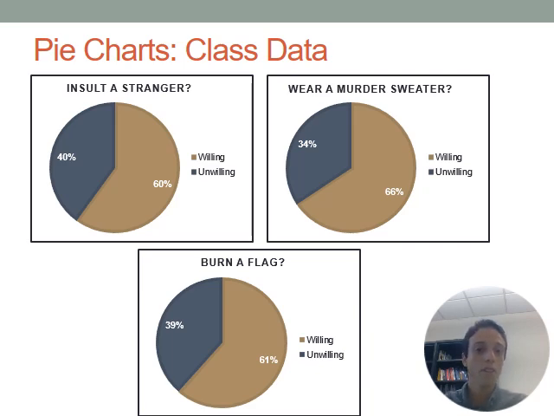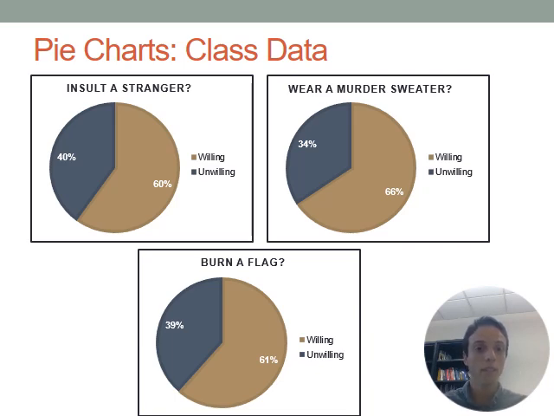And so I asked you guys, how much money would it take for you to insult a stranger? How much money would it take for you to wear a sweater that somebody had been murdered in, provided it had been cleaned since the murder? And how much money would it take for you to burn a flag? I also gave everybody an option to say that I would not do this thing for any amount of money. No, make me Jeff Bezos rich, I don't care, I'm not going to do this thing.